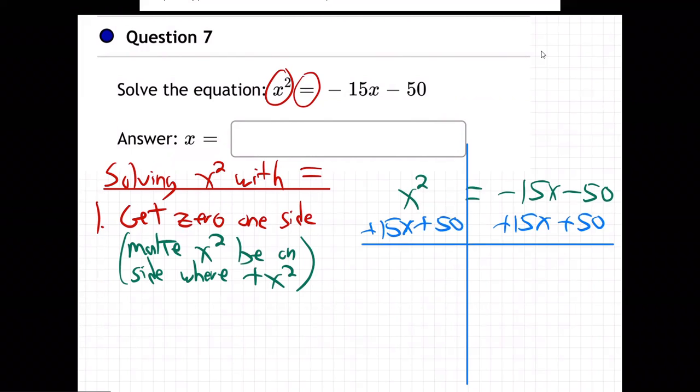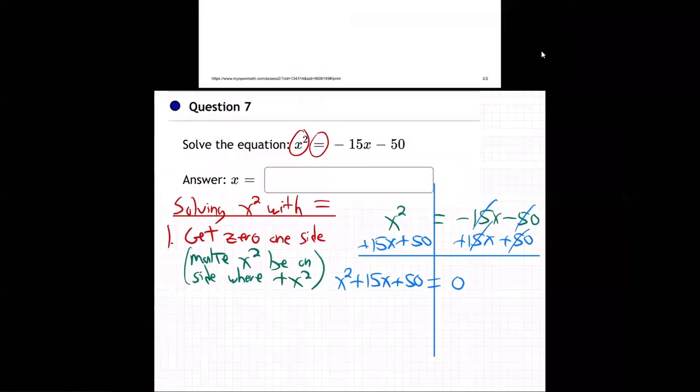Tracking with me? And then cancel, cancel, cancel, cancel. This is 0. What's the other side? x squared plus 15x plus 50. Now he's positive. That's what we want. Does that make sense? So you move everybody to the side where x squared is going to be positive.